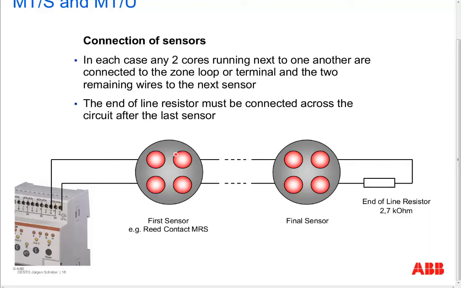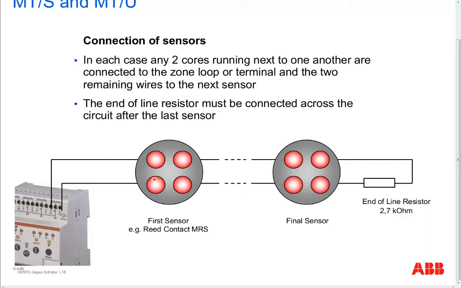And the other 2 can be connected to a further window contact, for example. And you can do it many times. And at the end of this connection, you link your end-of-line system in order to monitor the cabling. So 2 directly next to each other will be connected, the other 2 to the next one. Not diagonal, this is not correct, but next to each other. Very simple in principle if you know how it works, and then you do not do anything wrong.